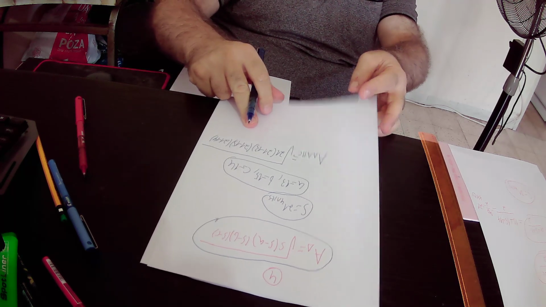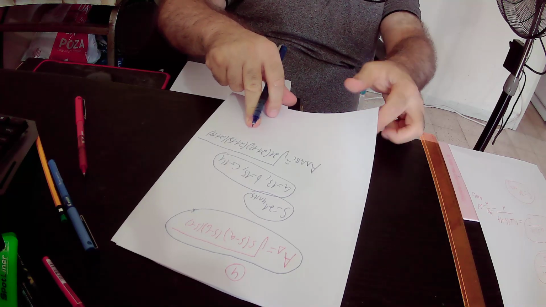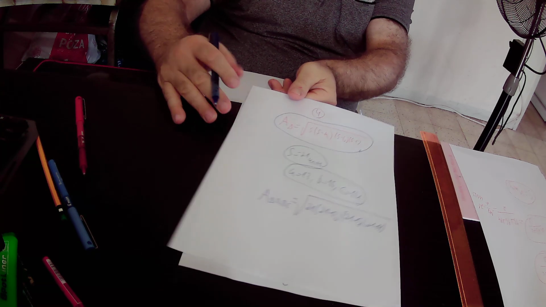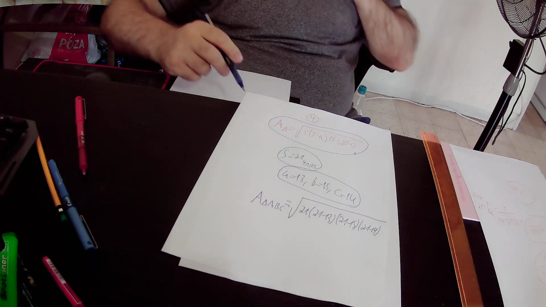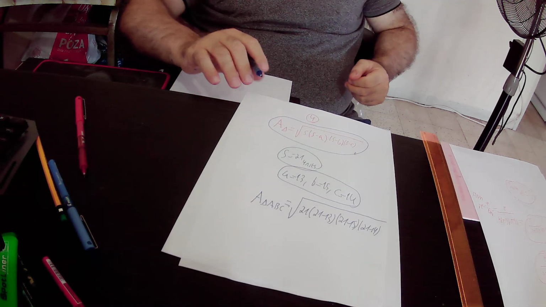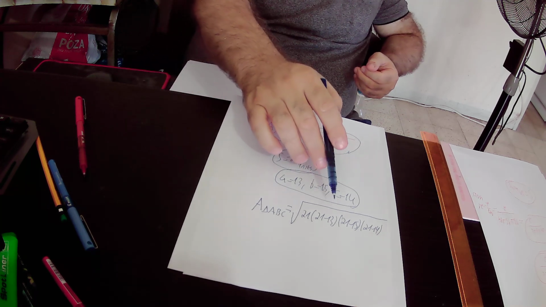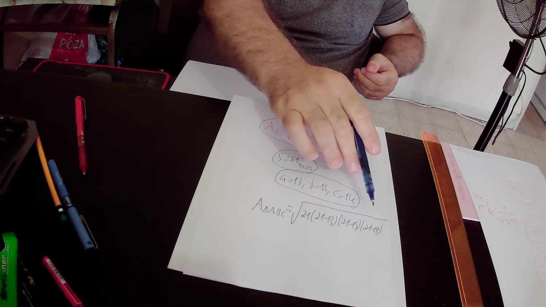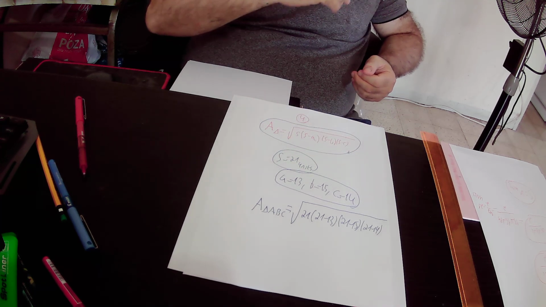So the area of our triangle ABC equals the root of this expression. 21 minus 13 is 8, 21 minus 15 is 6, and 21 minus 14 is 7, so I write it down.